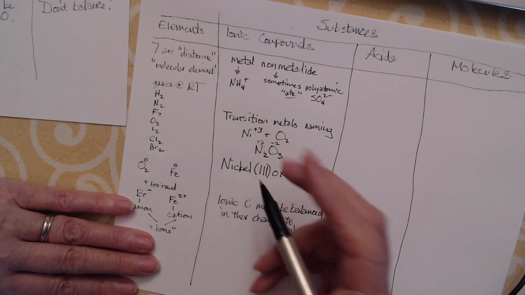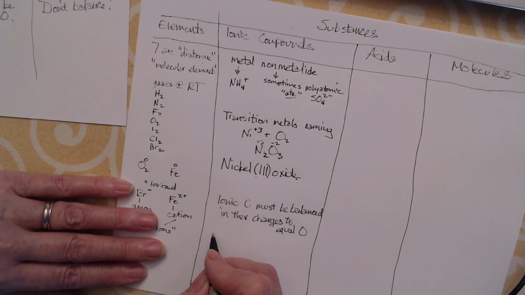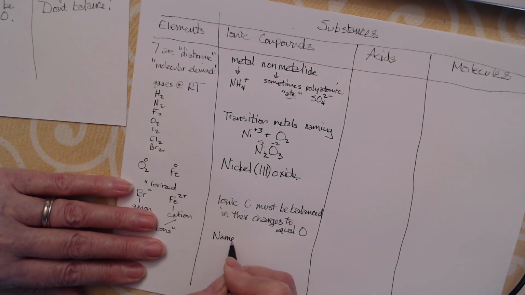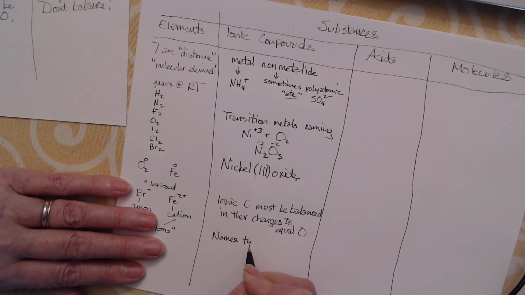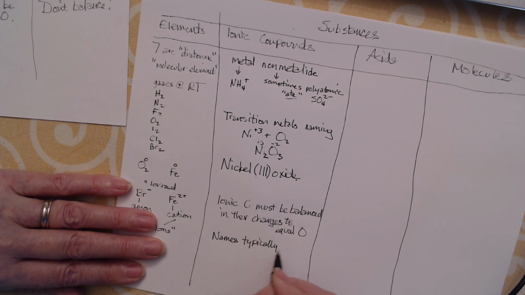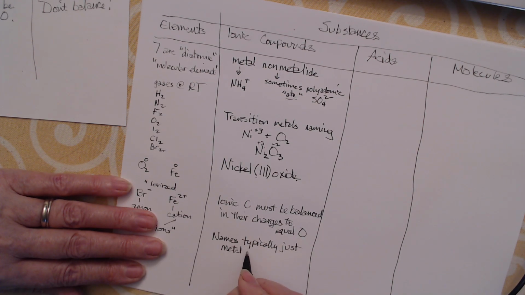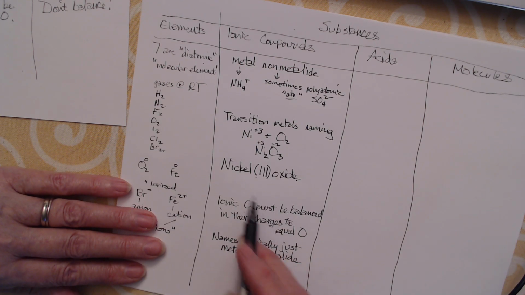So with all of my ionic compounds, names typically are just metal, non-metal-ide, because everybody in chemistry understands that they must be balanced, and therefore unless it's a transition metal, we can just look and automatically know how many atoms of each substance is present.